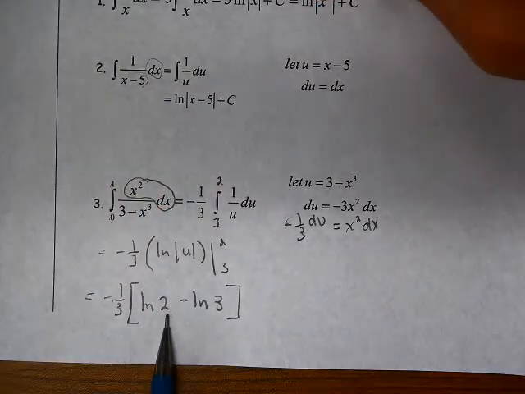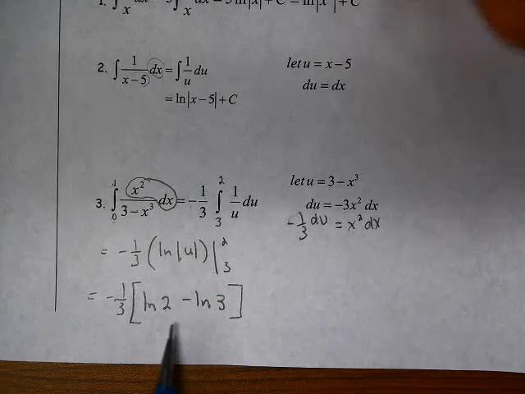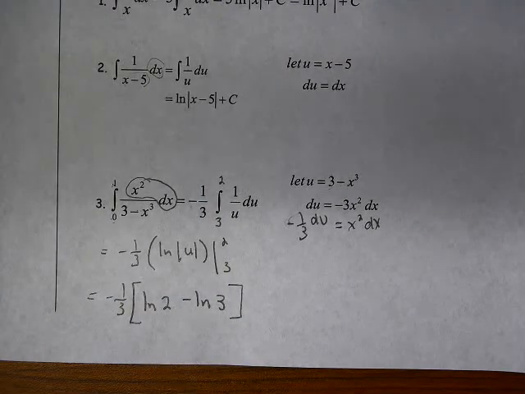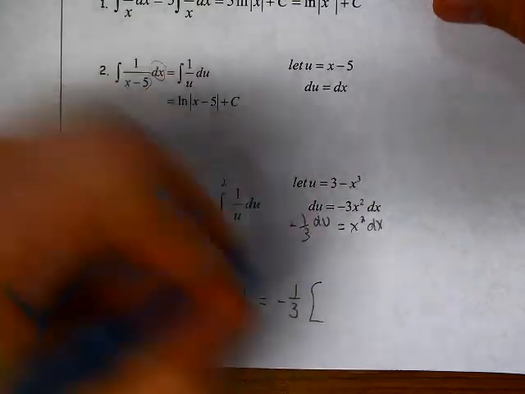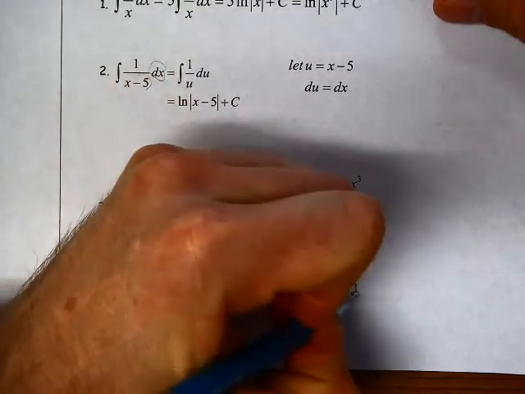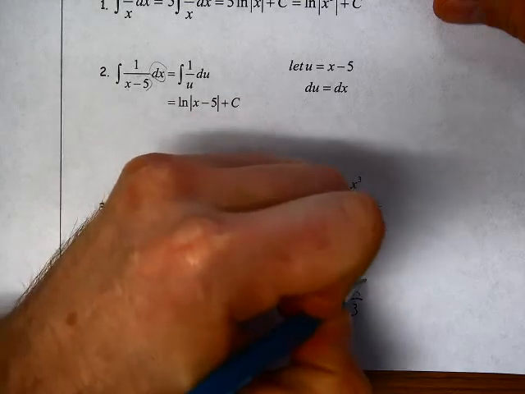Notice here that I don't really need the absolute value symbol anymore because I'm just using 2 and 3. Those are both positive values. And I can rewrite this as the natural log of 2/3.